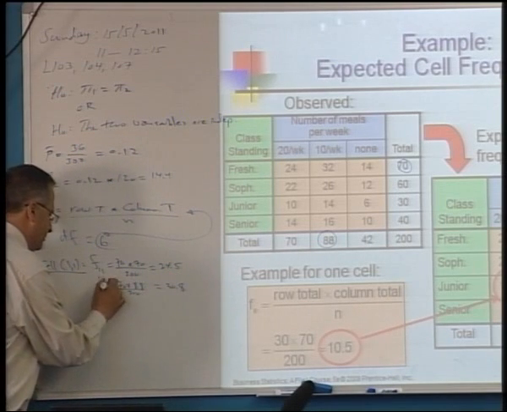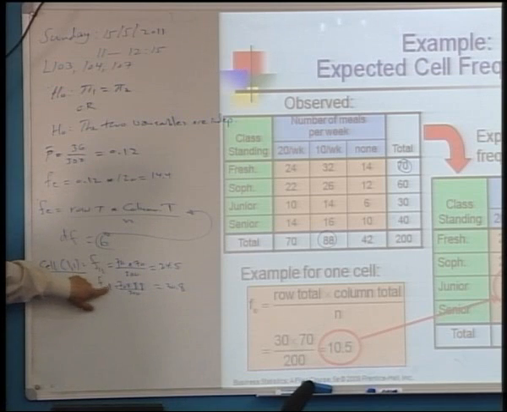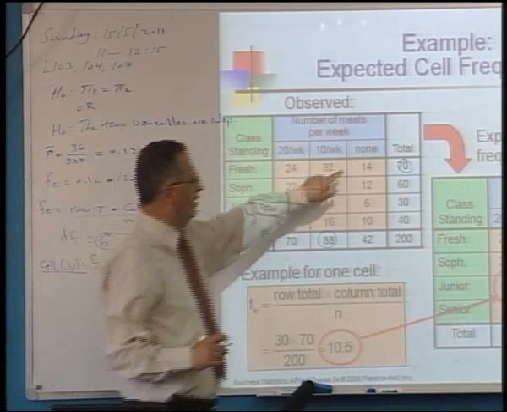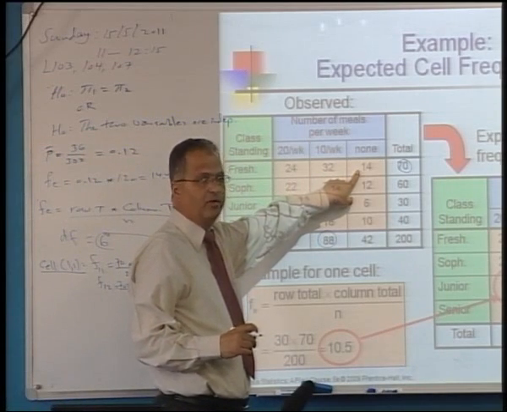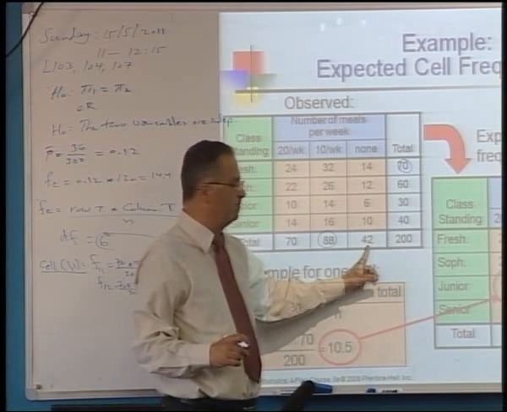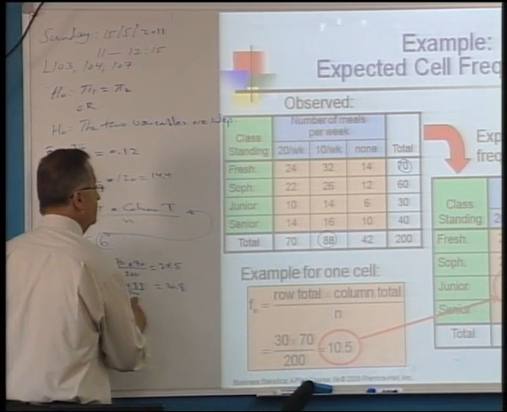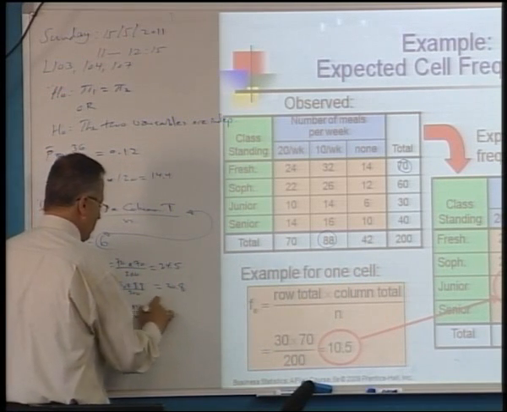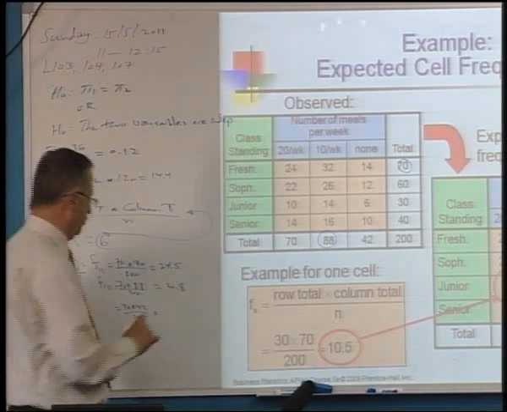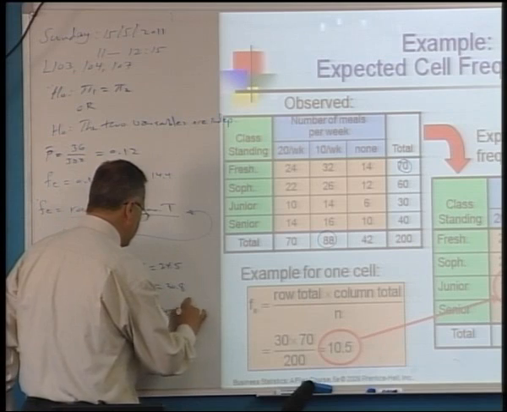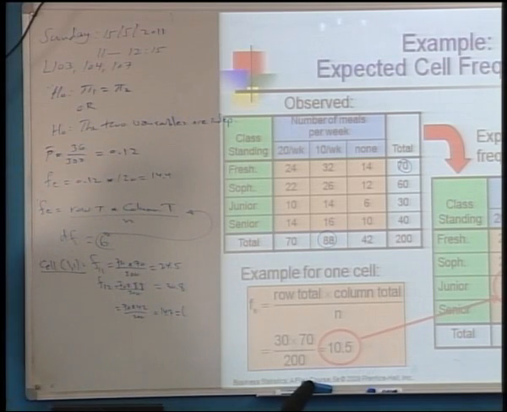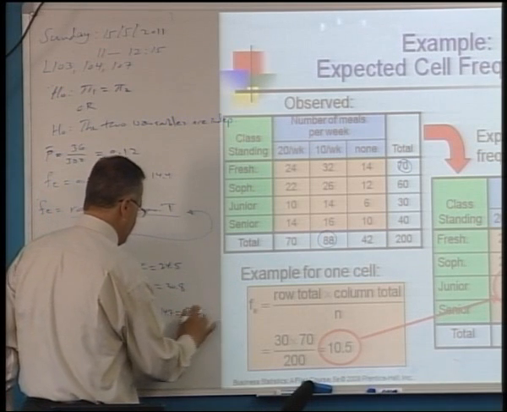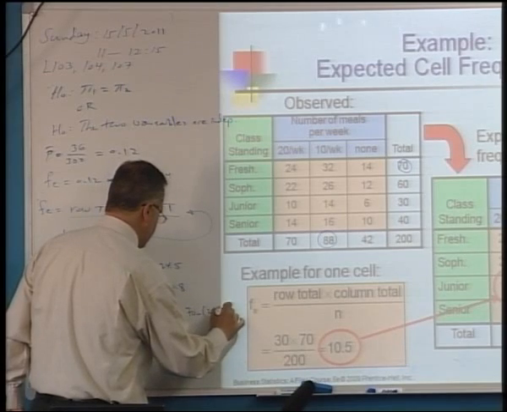That is row 1, second one. For the third one, either you can use the same equation, which is 70 times 42 divided by 200, that will give 14.7, or it's just the complement, which is 70 minus 24.5 plus 30.8.